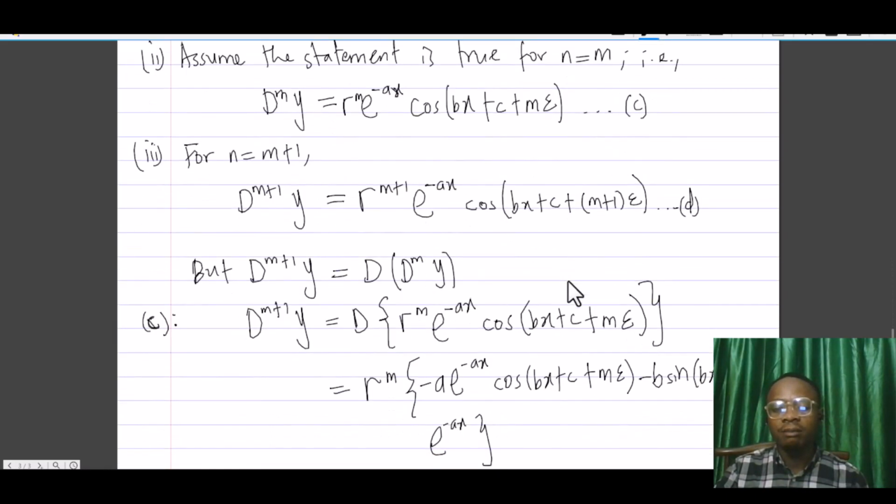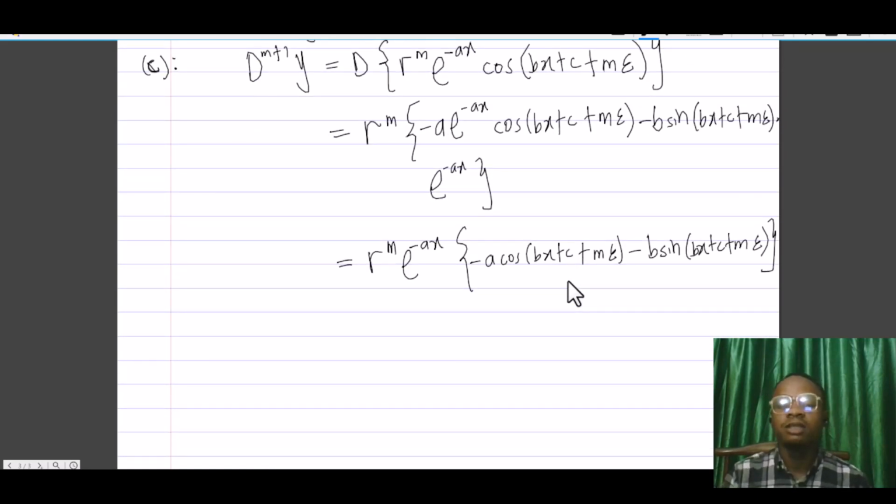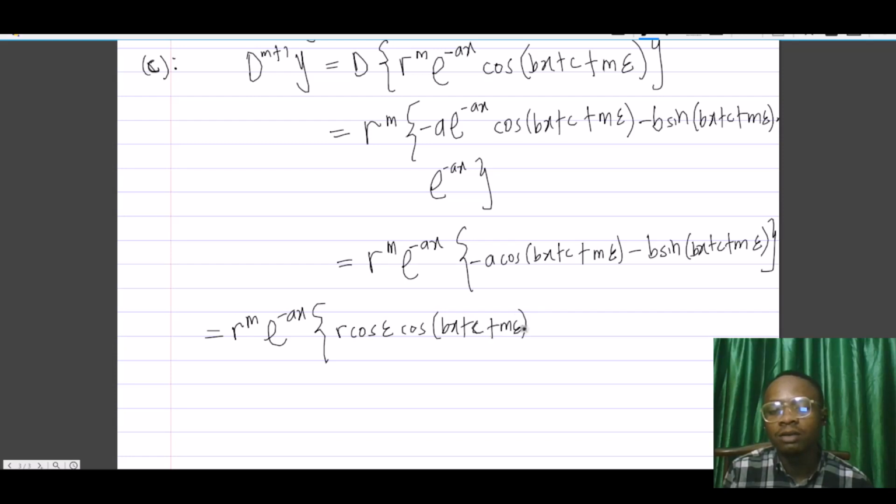Working on the same problem, we will see that this is equal to, let's start the equal sign here so that we have enough space, r to the power of m e to the power of minus ax into r cos epsilon. Since a is minus r cos epsilon, then minus a will be r cos epsilon, then multiply by cos of bx plus c plus m epsilon, close the bracket. So let's write that epsilon properly.